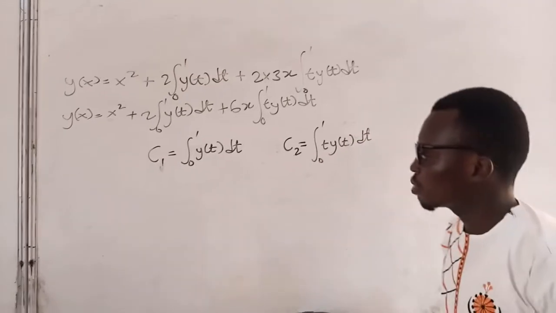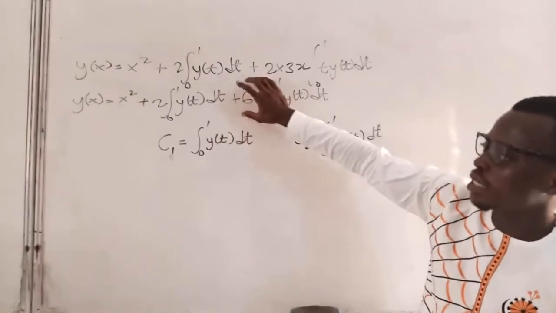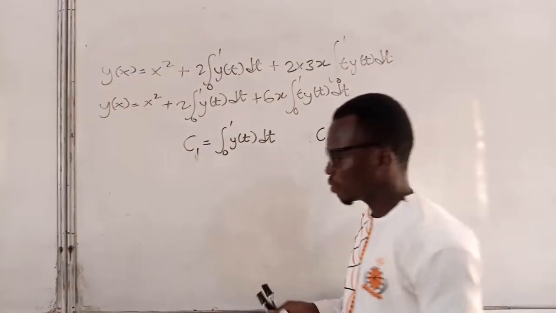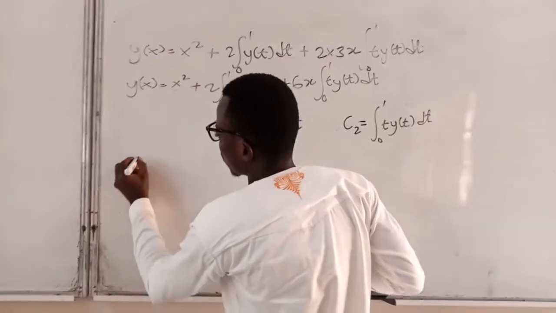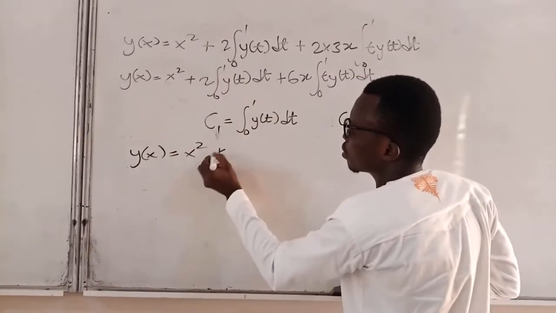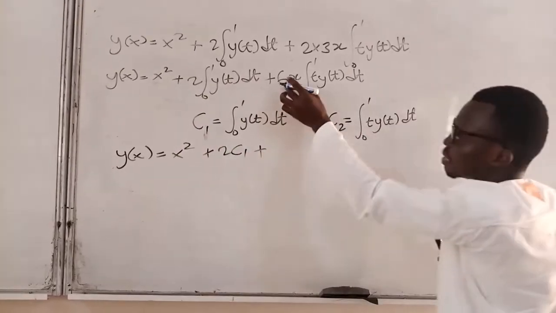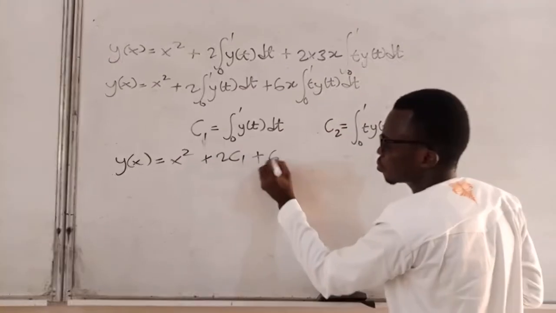Now let's substitute our constants c1 and c2 into this equation. We are going to have y of s equal to s squared plus 2c1 plus 6s c2.